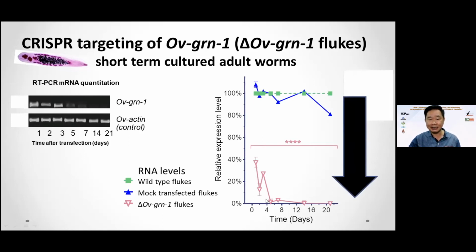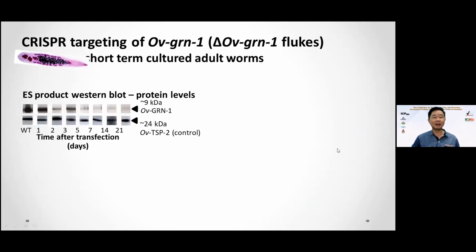You can see this pink one is the OV granulin 1 fluke electroporated with the CRISPR-Cas9 plasmid. This shows the mRNA level. After 4 days, the mRNA level was almost totally suppressed. That means we were successful in knocking down the mRNA level using CRISPR-Cas9 transfection.